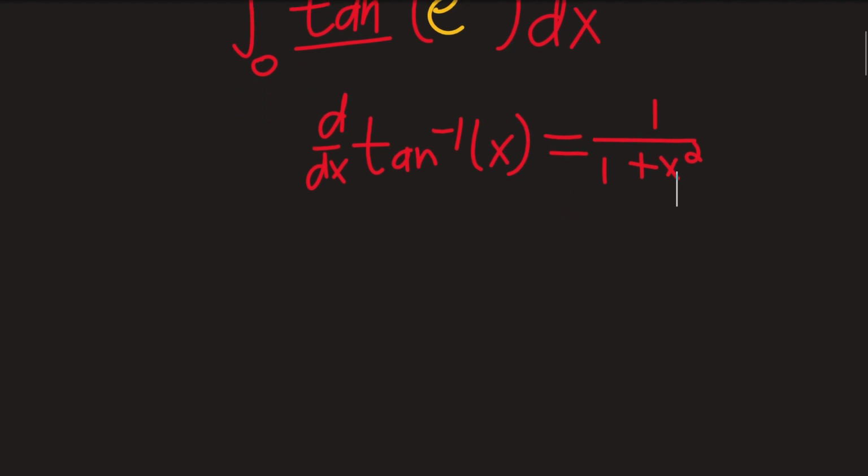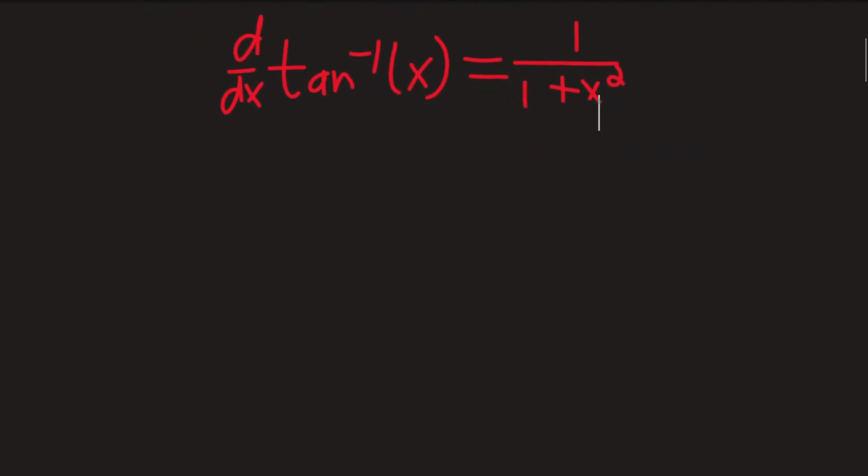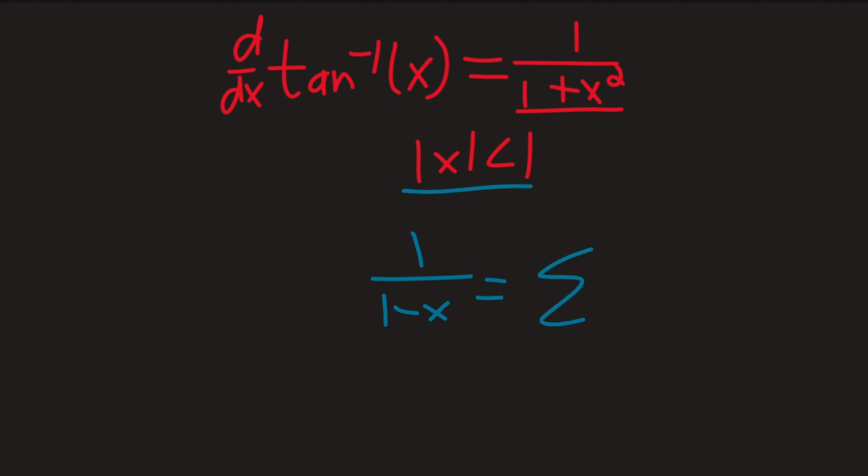And one thing we also might note is that for this 1 over 1 plus x squared, if we say the absolute value of x is less than 1, we can just evaluate this as a power series. Because we know if we have 1 over 1 minus x, holding that as true, this is just equal to the sum from k equals 0 to infinity of x to the k.